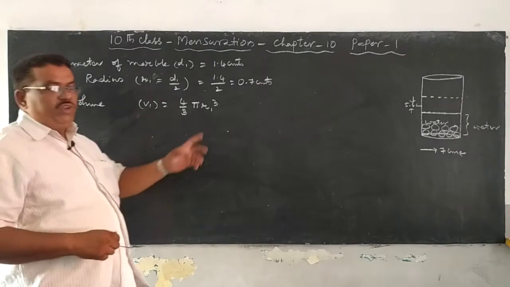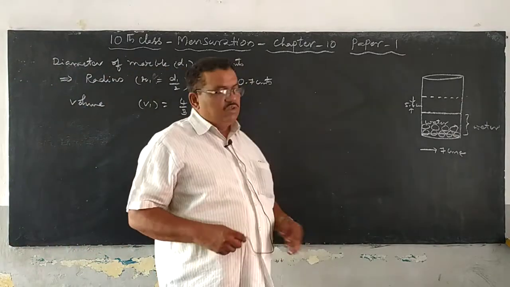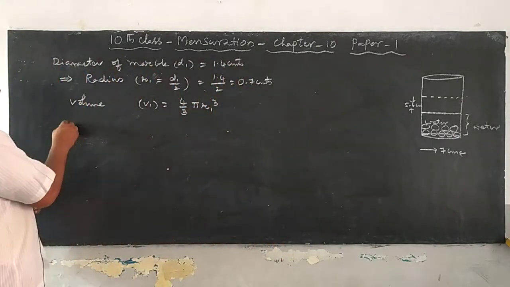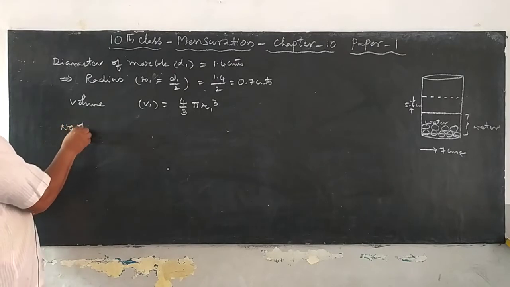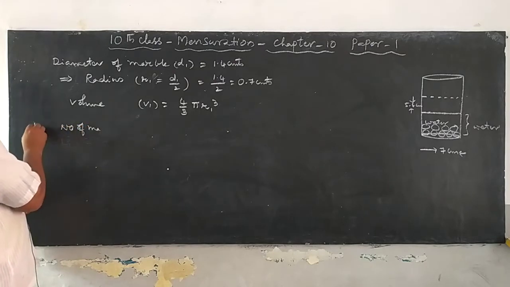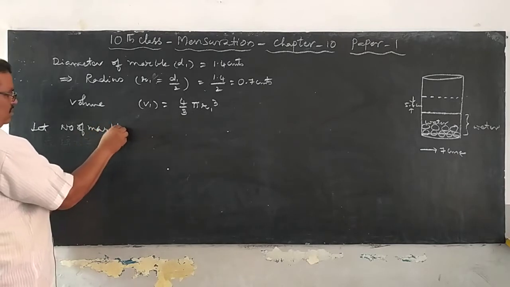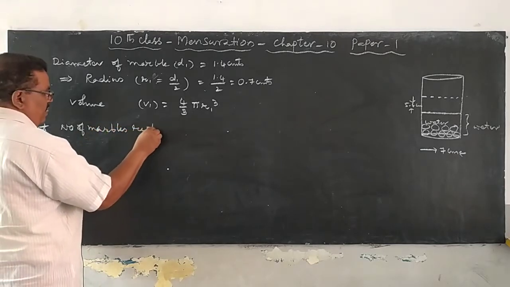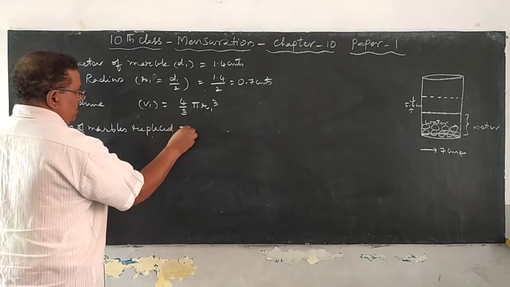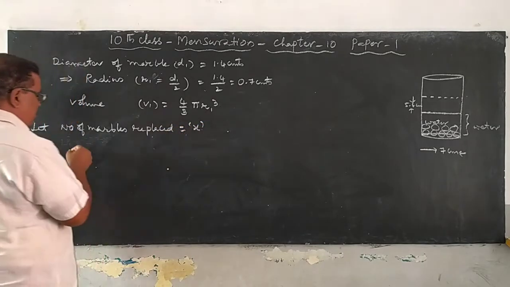How many marbles we replaced in the beaker, we don't know. So let the number of marbles replaced be x.